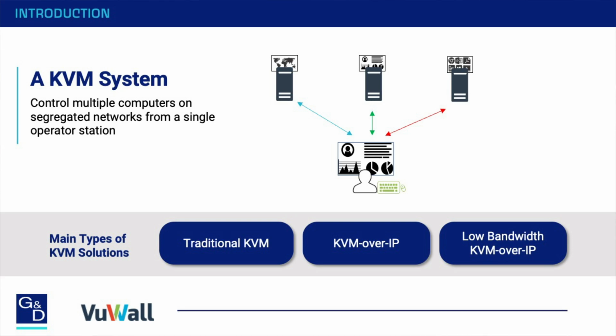Okay, so for those of you who are not familiar with KVM, KVM stands for Keyboard Video Mouse. It's a system that allows controlling different computers that are on segregated networks from a single operator station. So it's a non-intrusive way to access remote computers, basically.